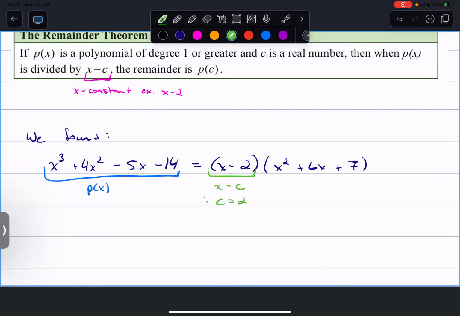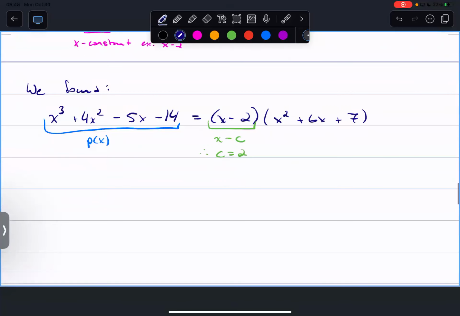We found that the remainder was 0, so here the remainder r of x is equal to 0.